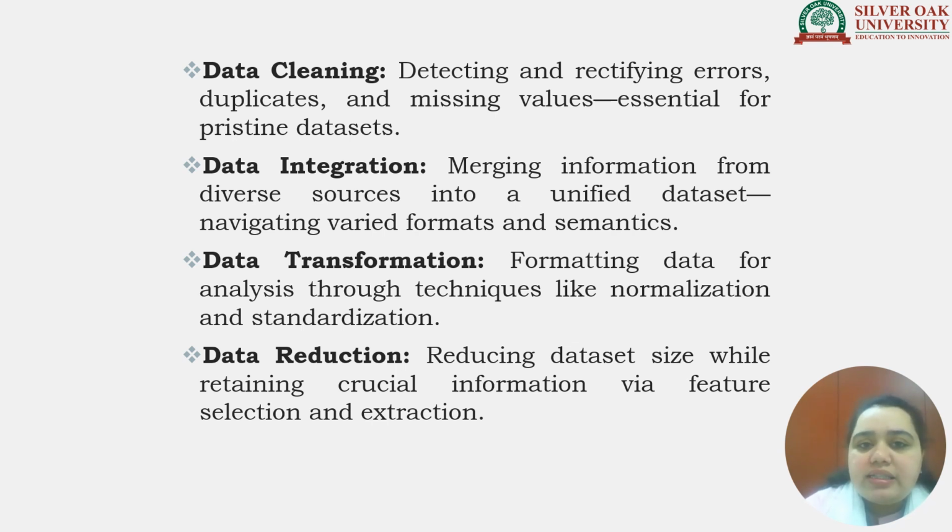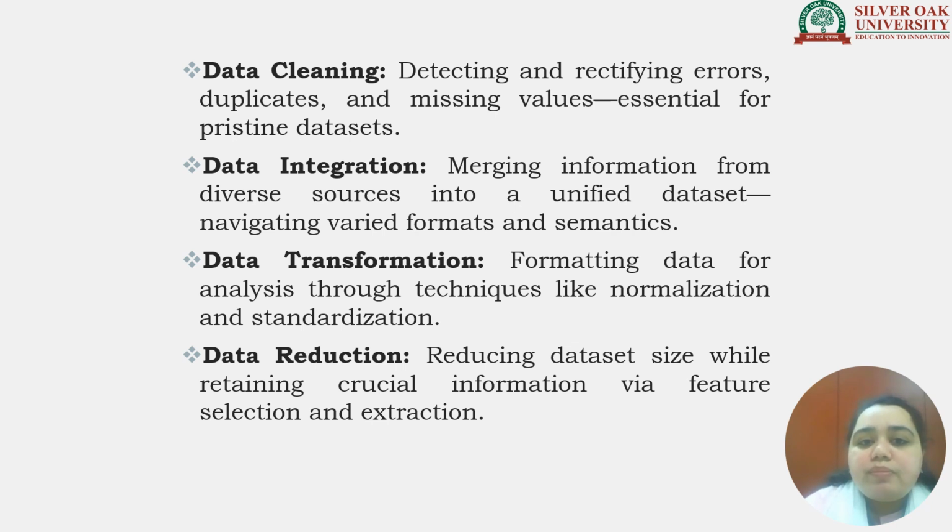What it means is, if we are taking an image, we need to look into the image. There should not be any errors, there should not be any duplicate values, and there should not be any missing values required for our model to get trained on the particular data set. We have data integration.